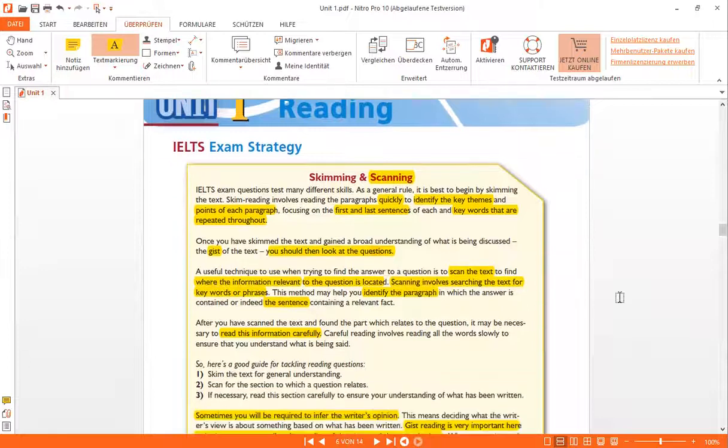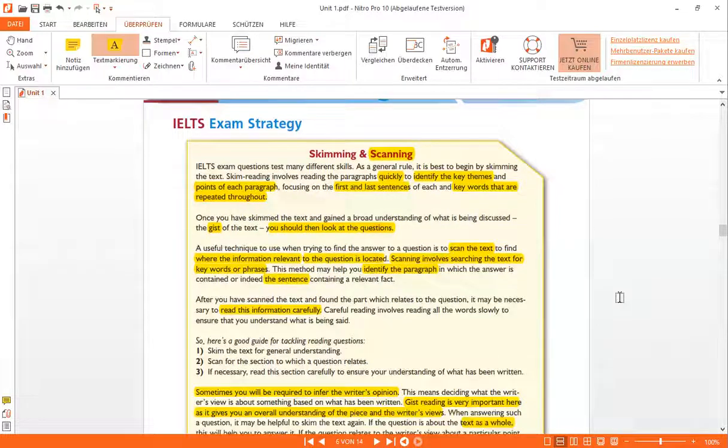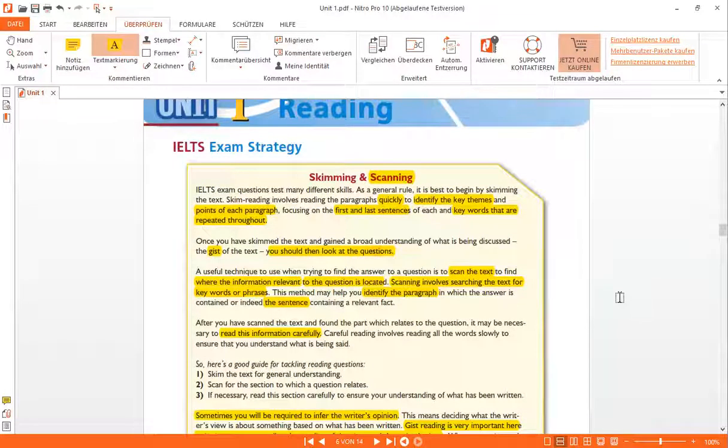So the best strategy will be to read the heading of the text, go to the questions, read the questions carefully, highlight important words, as many keywords as possible, and then start reading the first paragraph of the text and scan for your keywords, all right? And once you scan for your keywords, there is always a sentence or two that supports your answer in a particular text, okay?